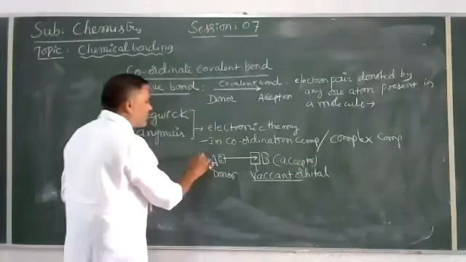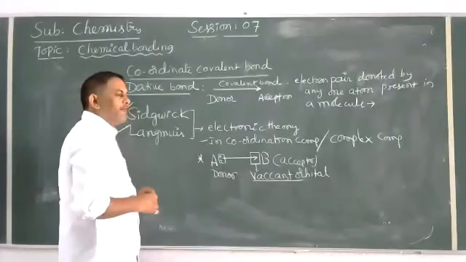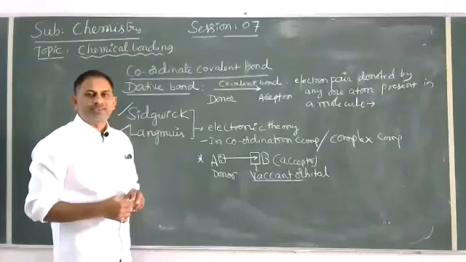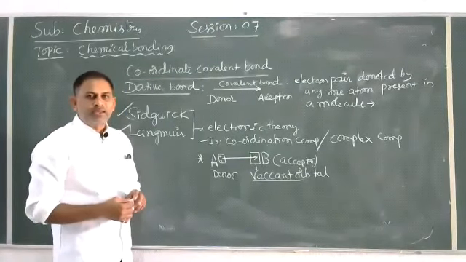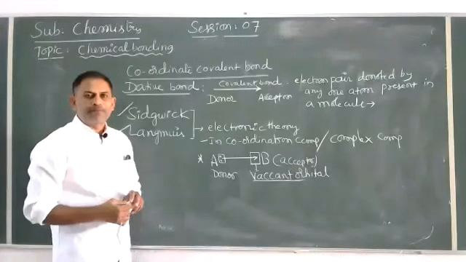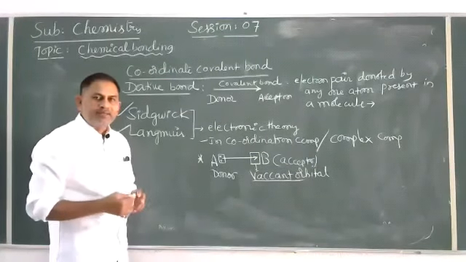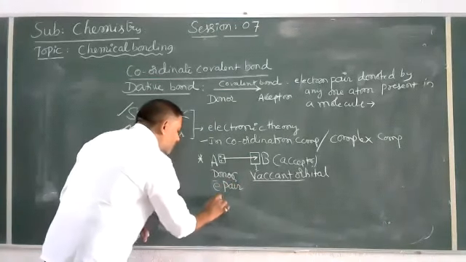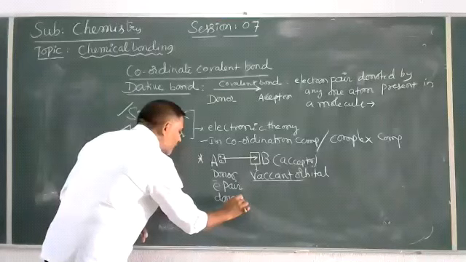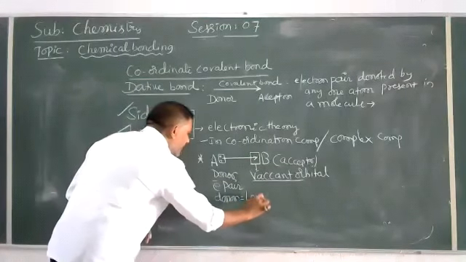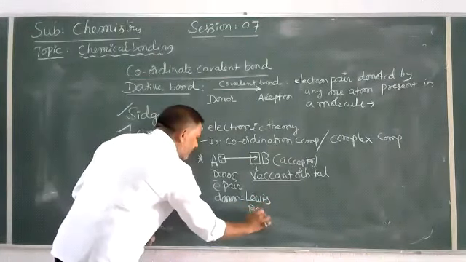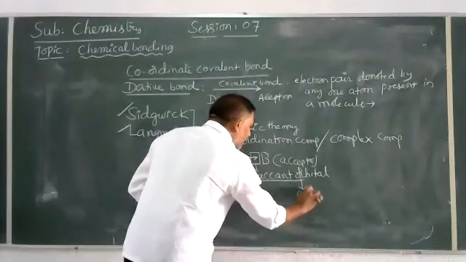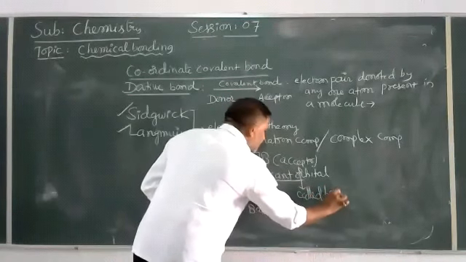On the basis of simple concepts from first year equilibrium, there are acid-base theories: Arrhenius acid-base theory, Lewis acid-base theory, and Bronsted-Lowry acid-base theory. According to Lewis acid-base theory, an electron pair donor is called a Lewis base, and an electron pair acceptor is called a Lewis acid.